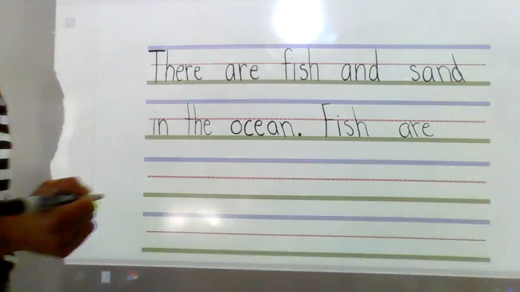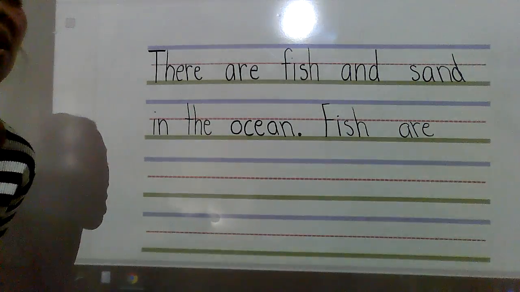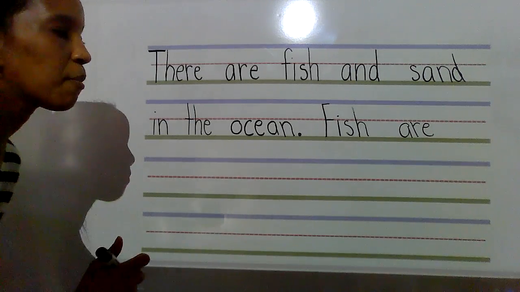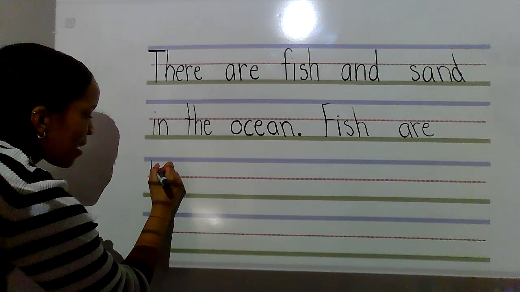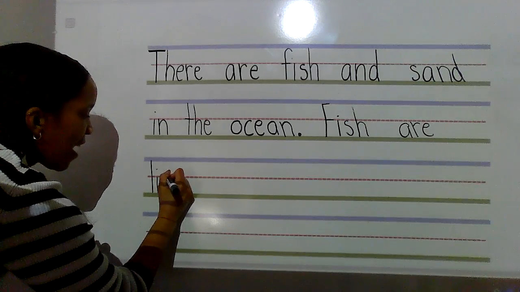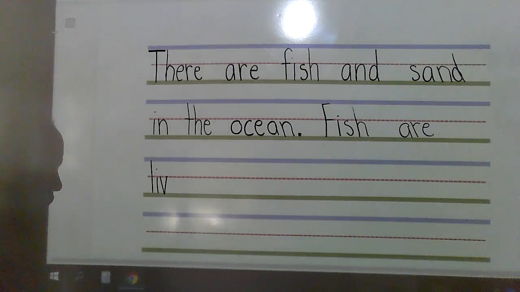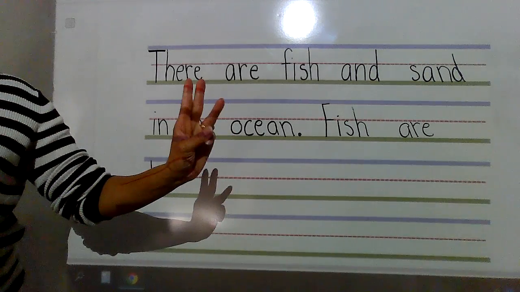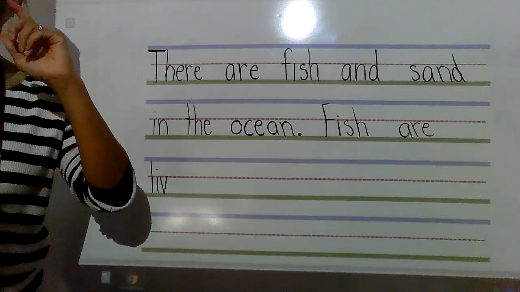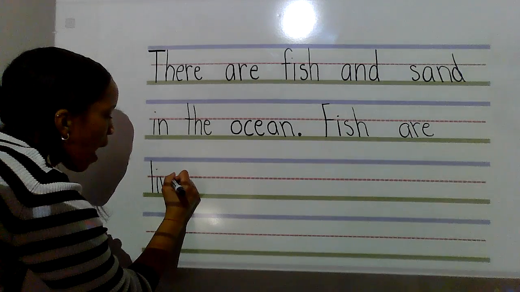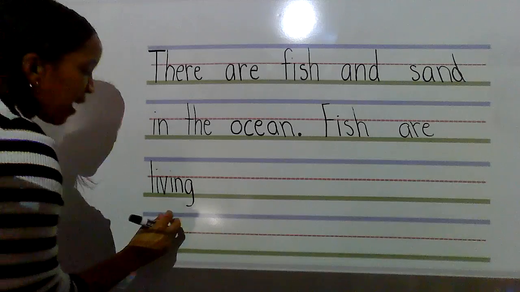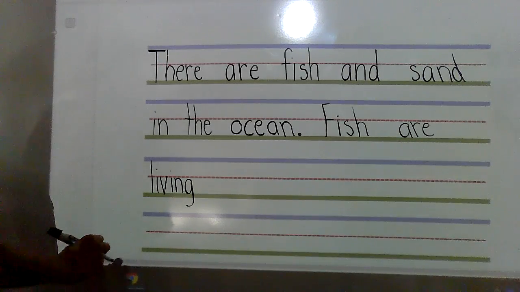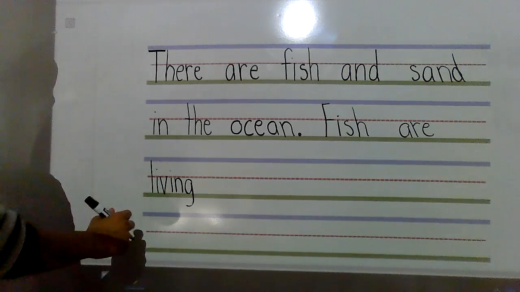A-R-E. Living. Oh, I hear an oh sound in the beginning of living. I hear that oh. Then I hear it. Oh, it. Ing, ing. I hear ing. There's 3 letters that work together to make that ing sound. Those 3 letters are I, N, G. So when you hear ing, I-N-G says ing. Live, ing, living.